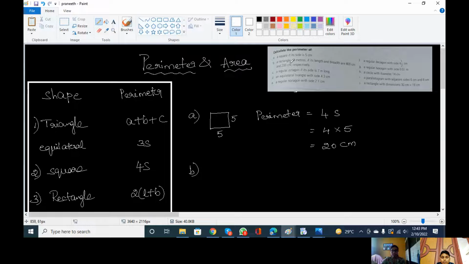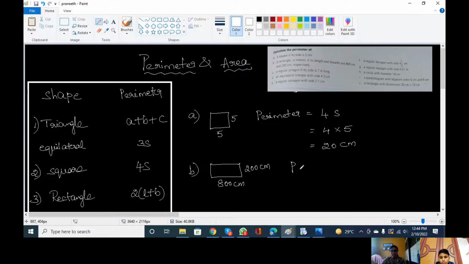Next, B bit. A rectangle in meters, if its length and breadth are 800 centimeters and 200 centimeters respectively. So for a rectangle, you need to find the perimeter in meters. They have given 800 centimeters and 200 centimeters.